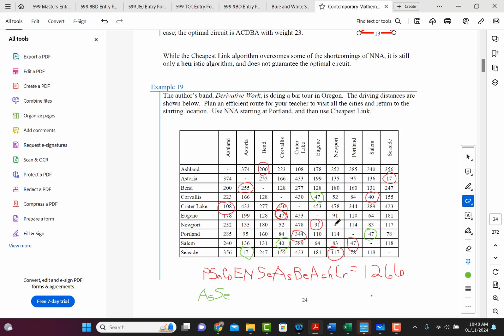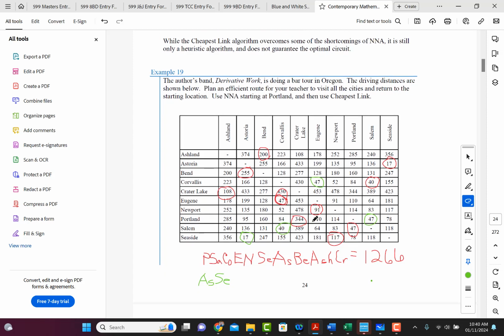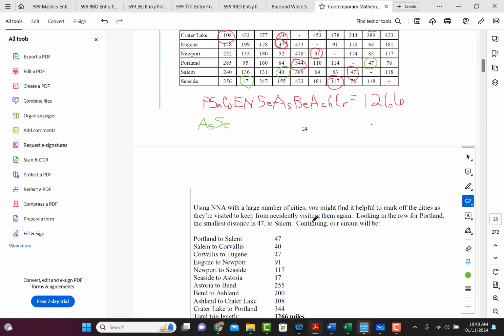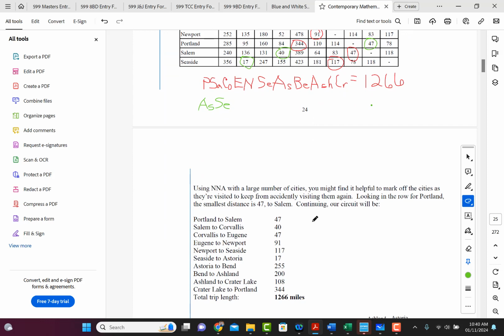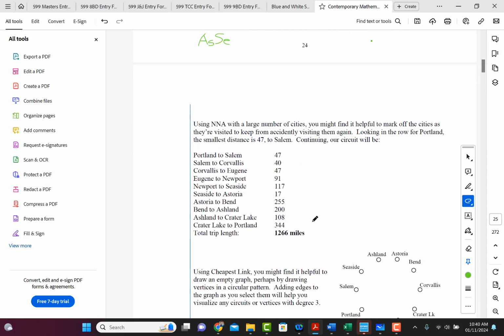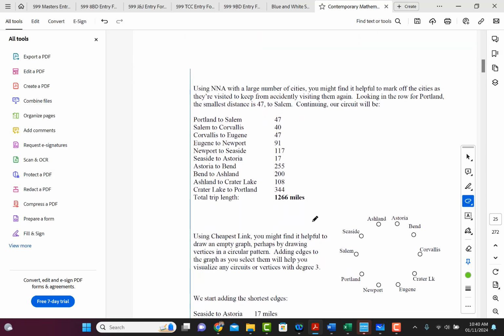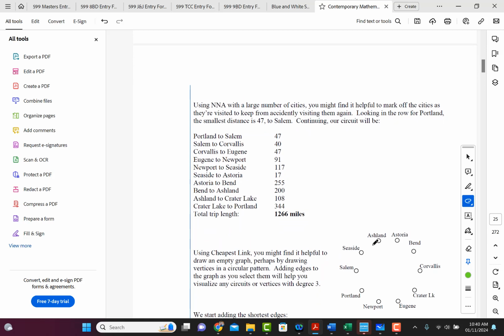Okay, but you can see that when we have a grid, it gets a little bit complicated to do this. So here it's easier if we set up our circle like this.